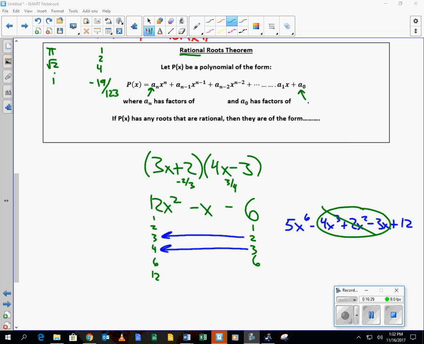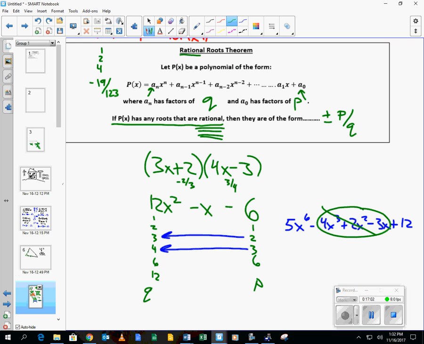If a sub n has factors, we called those q, and a sub 0 has factors, we called those p, then if p of x has any roots that are rational, they're of the form plus or minus p divided by q. And right now, you're still waiting like, okay, really, honestly, what is so wonderful about it? Watch it play out. It's super cool.